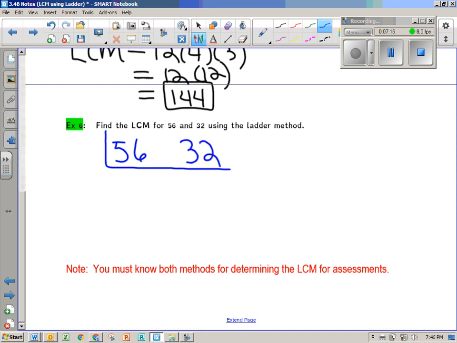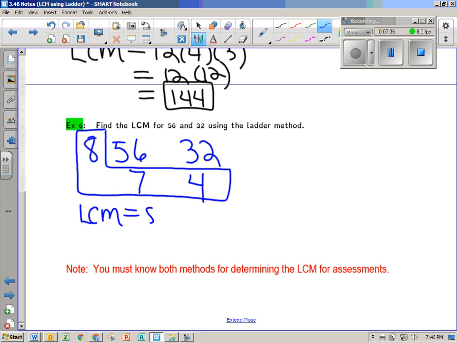You just multiply different parts of it together. If I factor out an 8, I would get 7 here and 4 here. 7 and 4 have nothing else in common other than 1. So the GCF is 8. And the LCM is the product of everything in the L. So the LCM is 8 times 7 times 4.